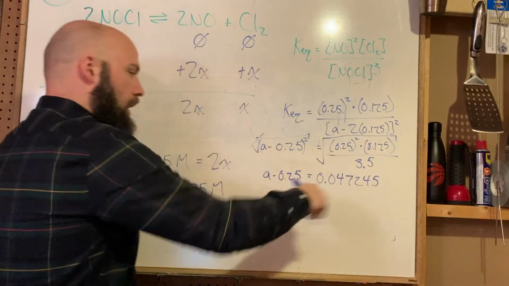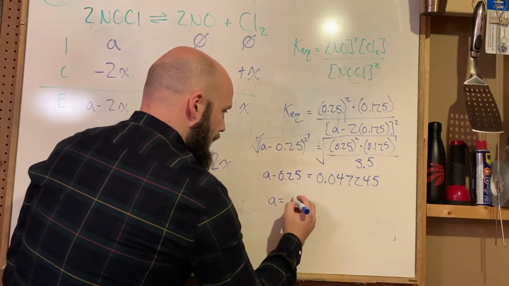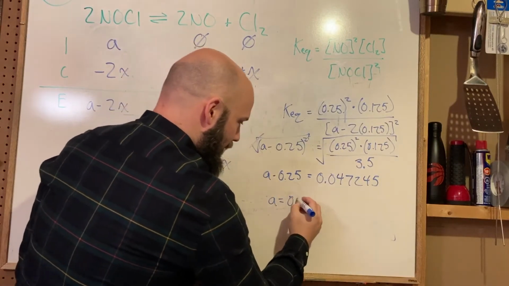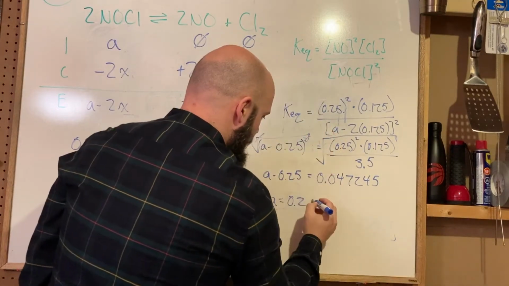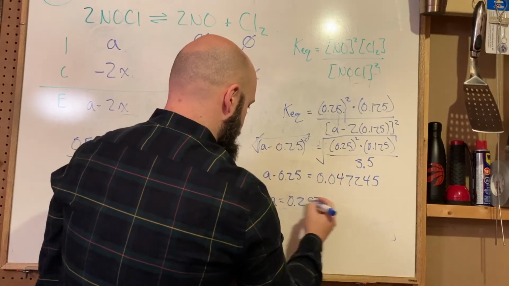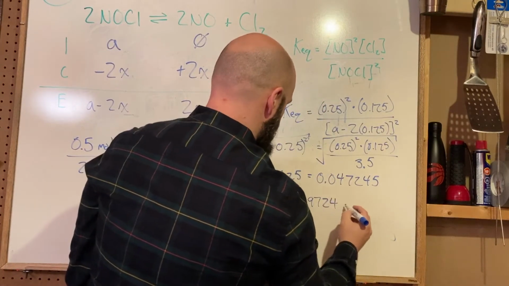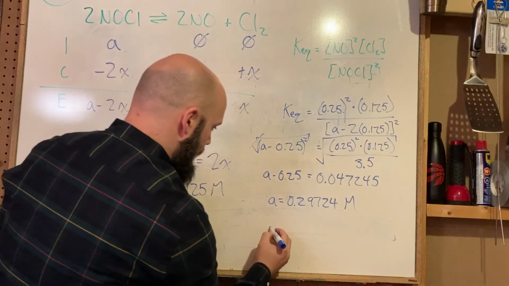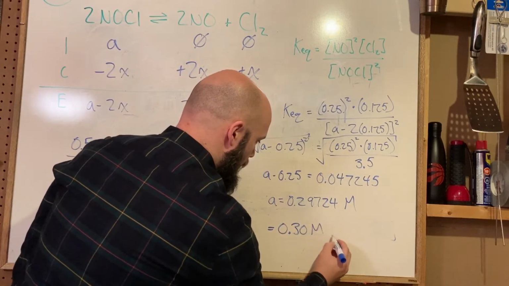0.047245 plus 0.25. Your A value here is going to be 0.29724 moles per liter, which we're going to round to be 0.30 moles per liter.